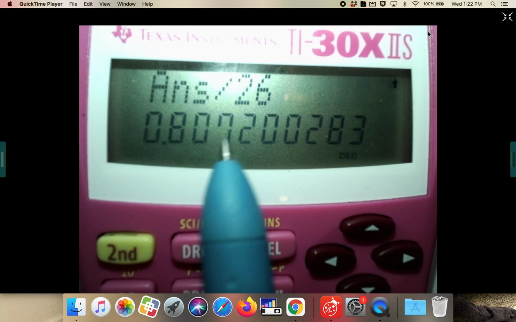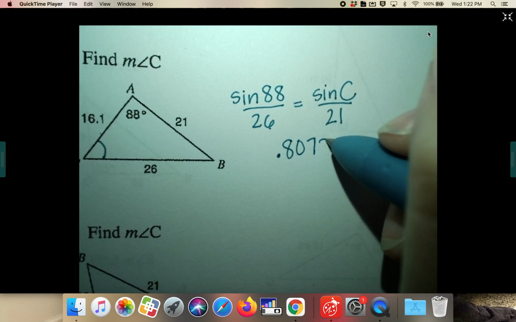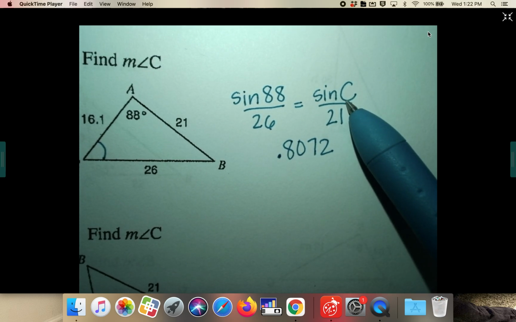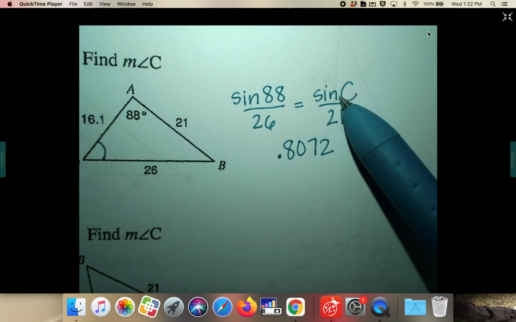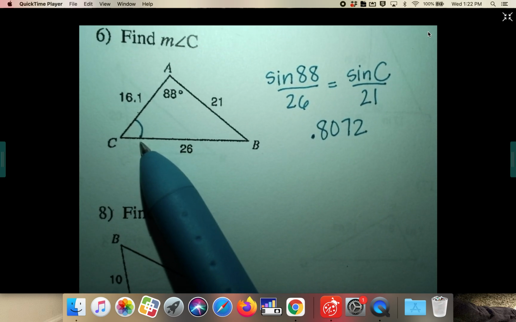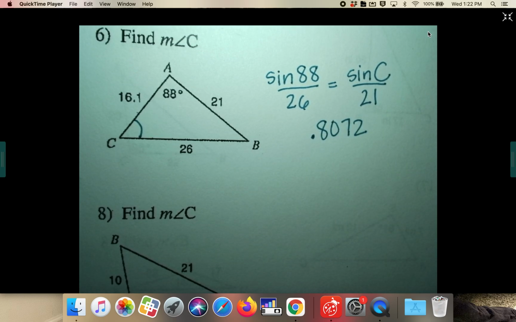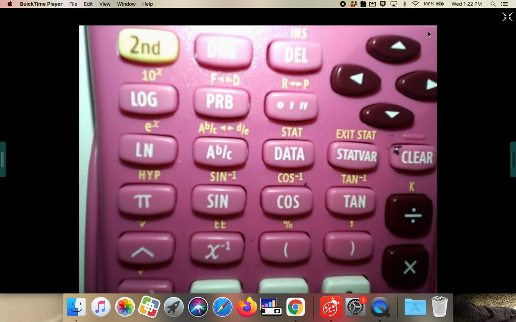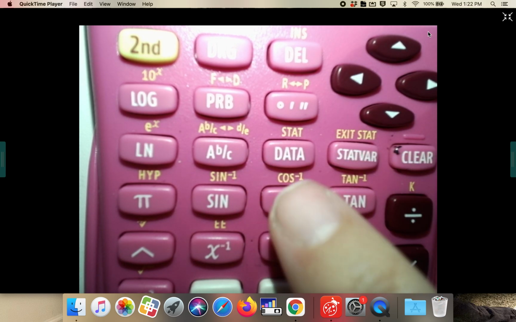So 0.8072. Okay, that is what this angle is without using the sine function. So now that we have to find the angle, we're actually going to use the inverse sine of this fraction. So I am going to click my shift button, my second, and then my sine button, because that is going to end up being the inverse sine.